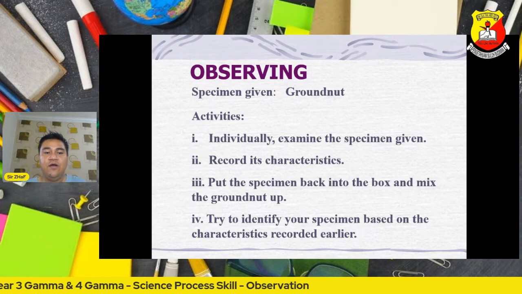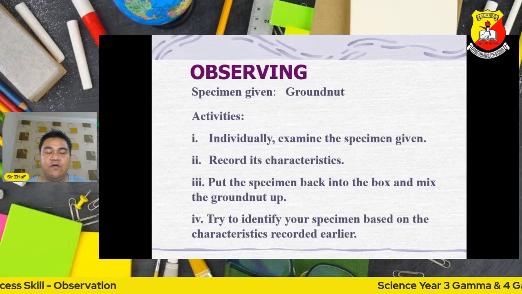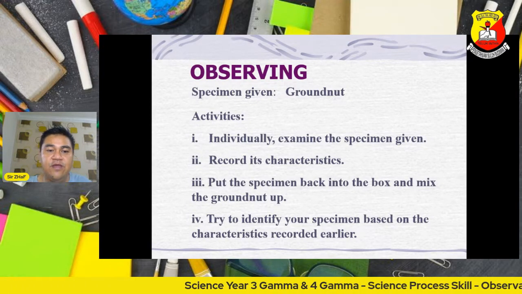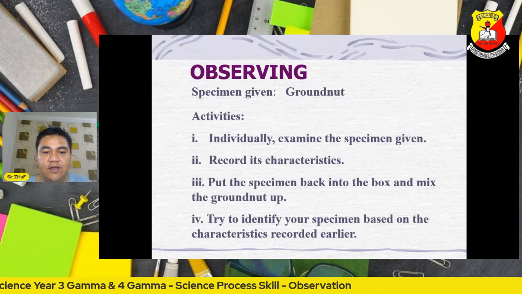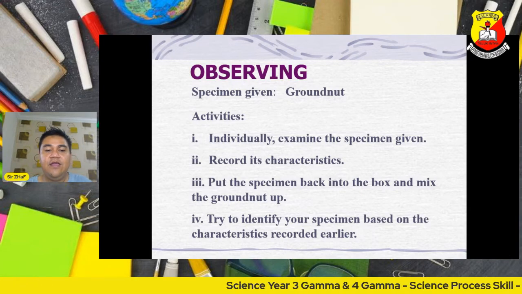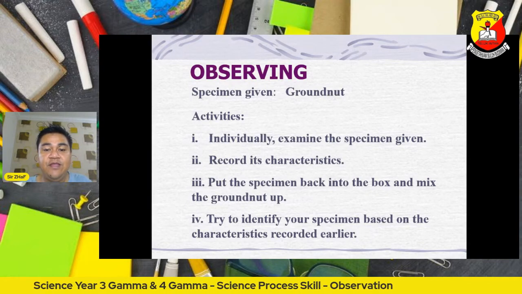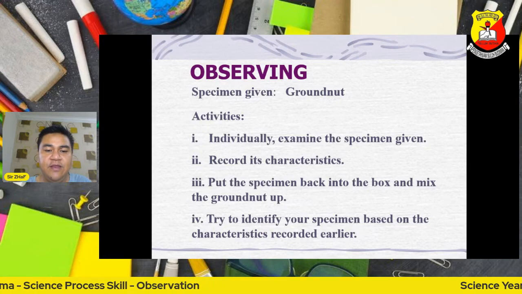Just imagine you have a box of groundnuts, and you take one groundnut only and record its characteristics: the length, the size, the color, the texture. Then put the groundnut back into the box and mix up the groundnuts.